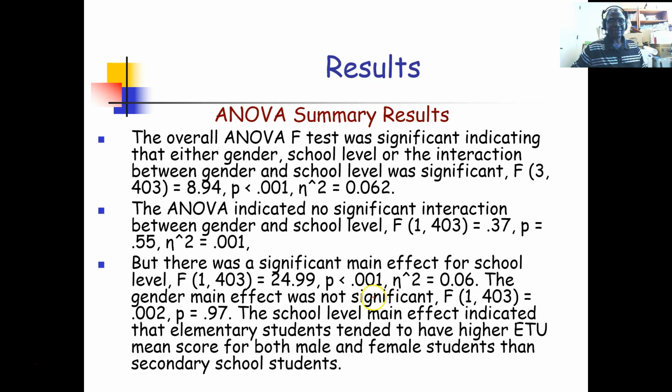The analysis of variance summary results, when we look at the student educational perspectives as our dependent variable, and school level and gender as our independent variables.